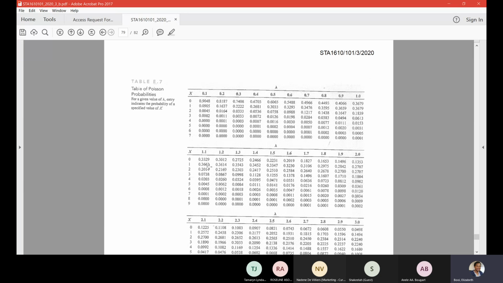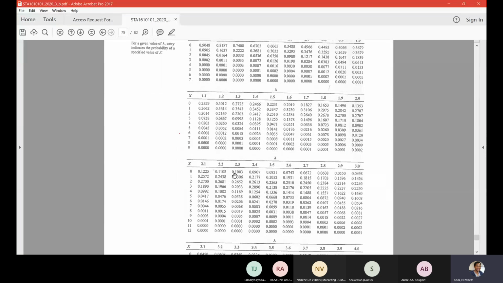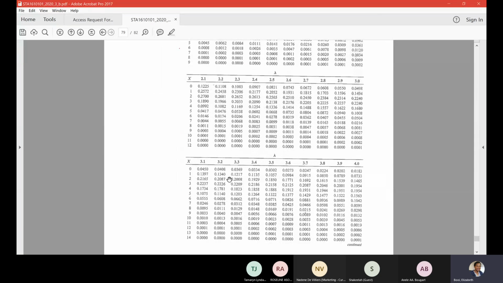And each table is different because the x values increase with each lambda value. So the first one starts from 0 until 7. The second one starts from 0 until 9. But they all are broken down in terms of your lambda value, your average value.